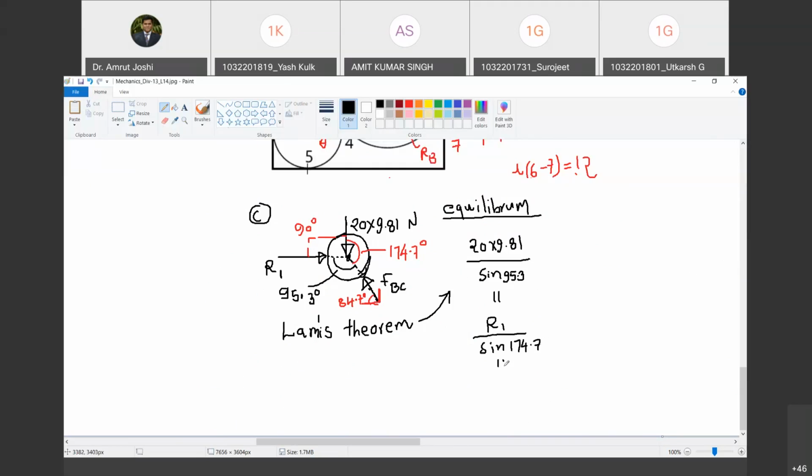And this must be equal to the third quantity, FBC upon sine of 90. Sine 90 is 1. That's all right. Now, solve the first two equations. Tell me the value of R1.